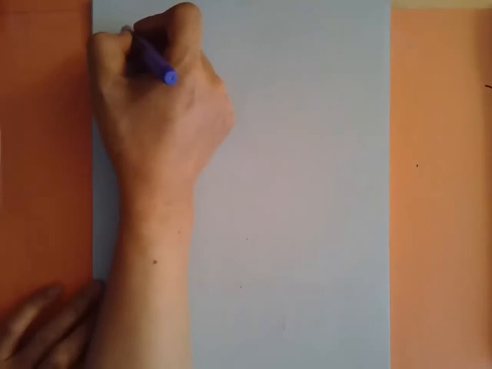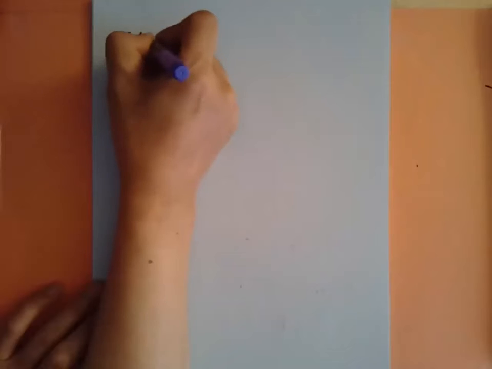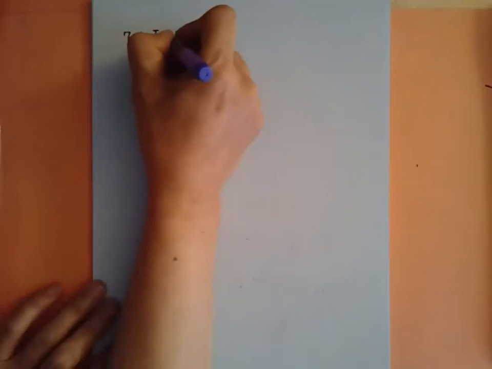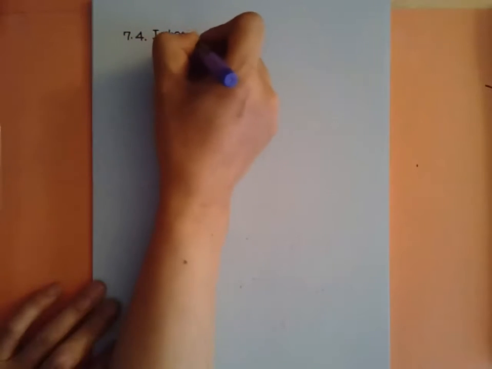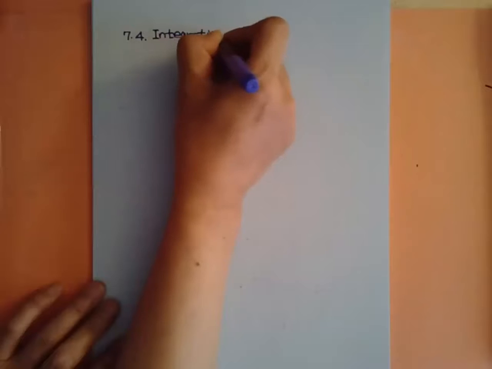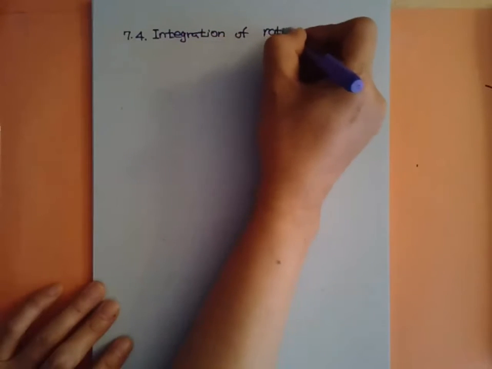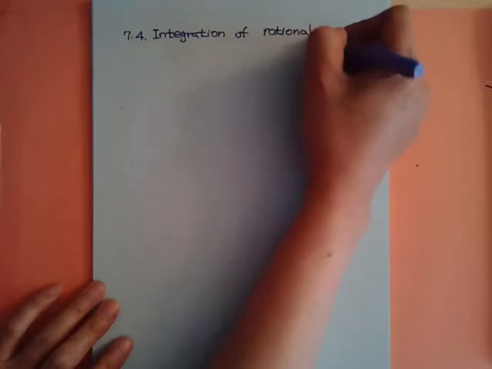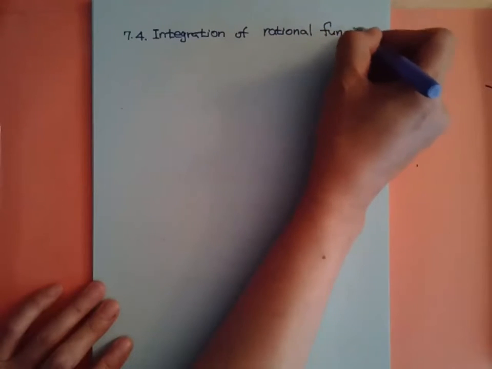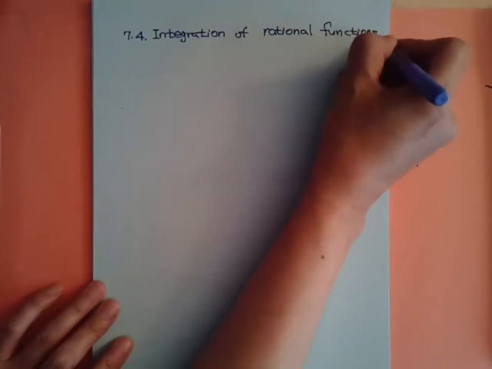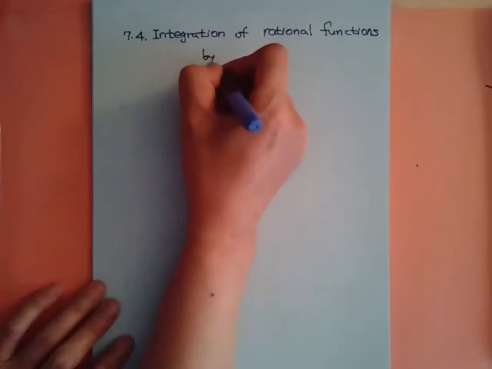Seven point four is about partial fractions. Integration of rational functions by partial fractions.